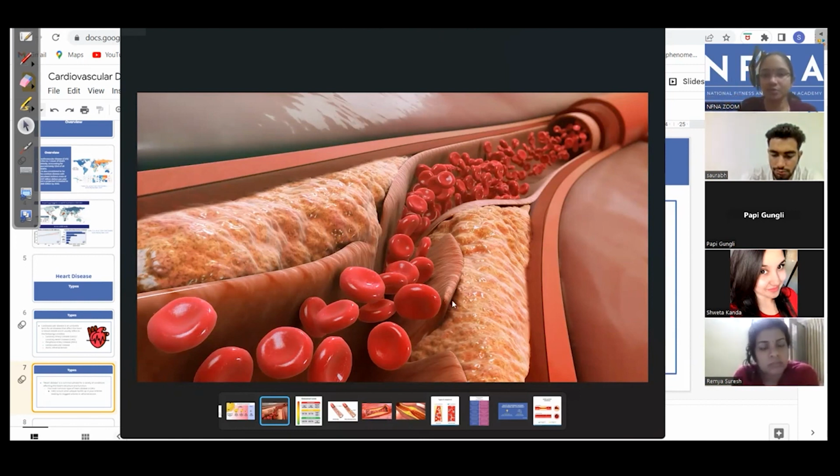What is happening here? The diameter is becoming narrow, right? So the blood passage also decreases. In these scenarios we do the stenting. You might have heard about stents, right? A few people have had a stent put in. What we do is first send a balloon-like structure.